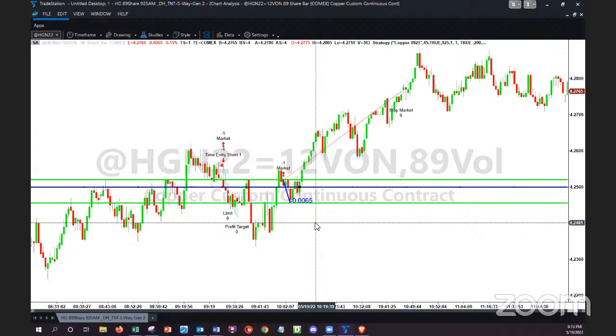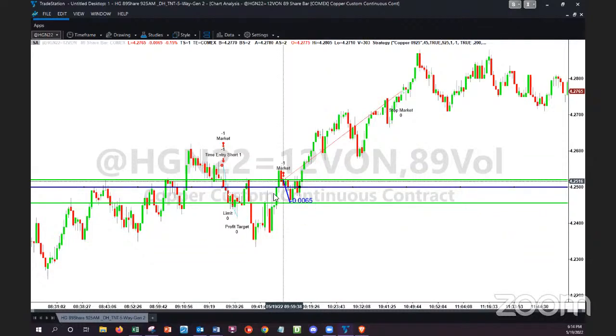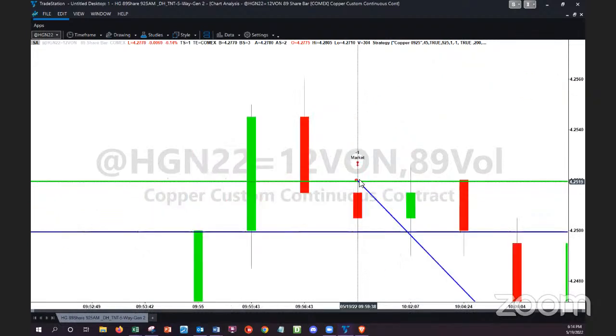So when we start looking at entries and exits, where do we really want to get in the market? Where are we really going to get in the market? And you'll notice here again on this particular candle, let me just zoom in here. That's where it entered. Out here in the middle of a wick.